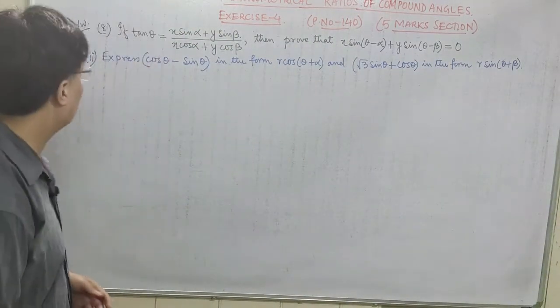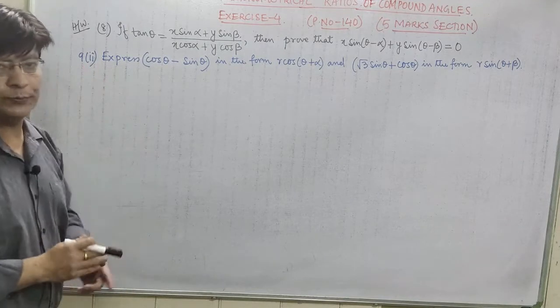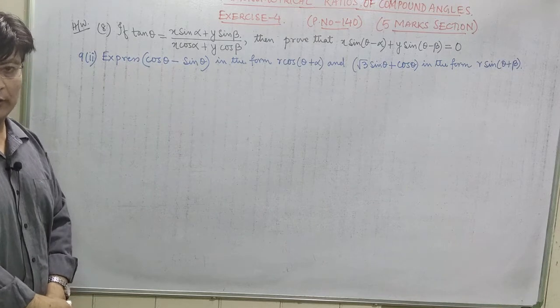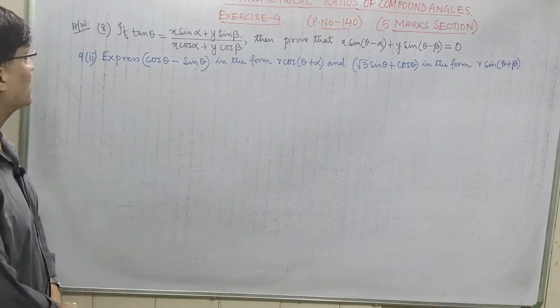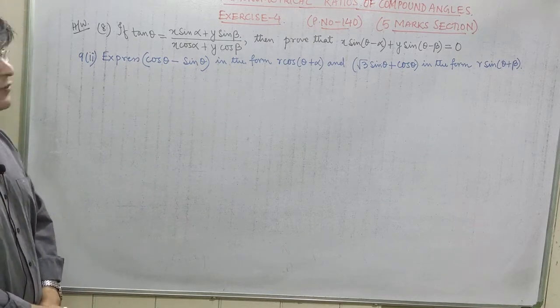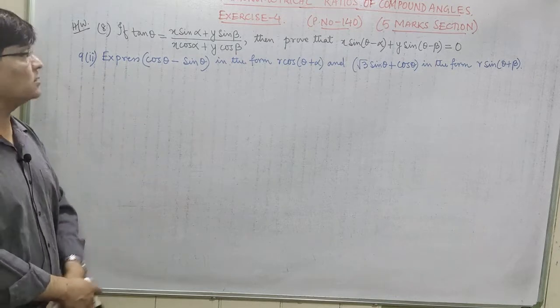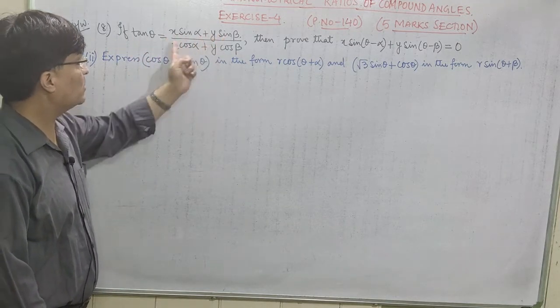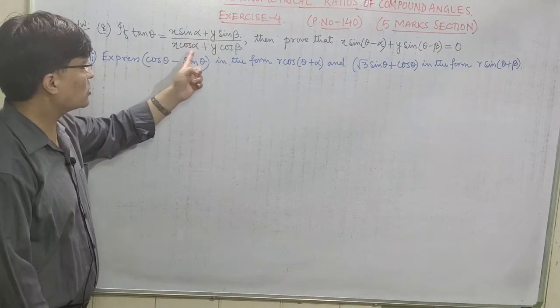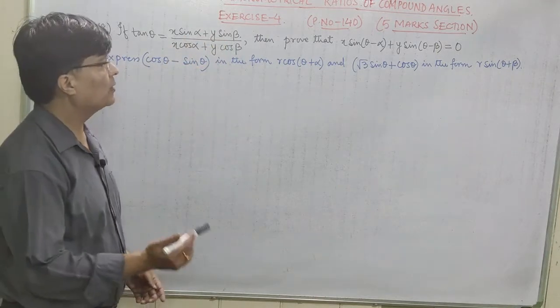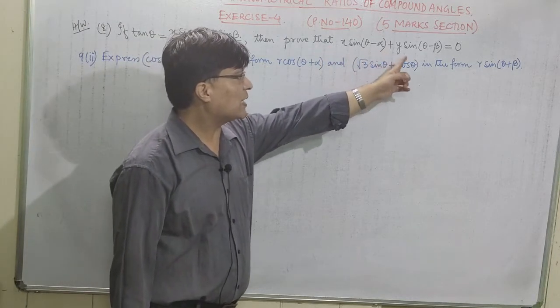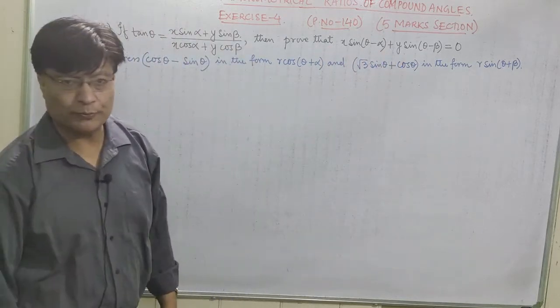So now we'll do the next question, that is 9 number 2. Before that, this question number 8 will be homework. Okay, so I'll give you the hint for this question number 8. If tan theta is equal to x sine alpha plus y sine beta divided by x cos alpha plus y cos beta, then prove that x sine of theta minus alpha plus y sine of theta minus beta is equal to 0.